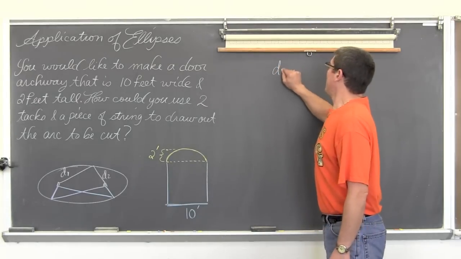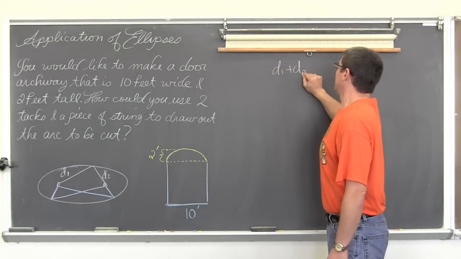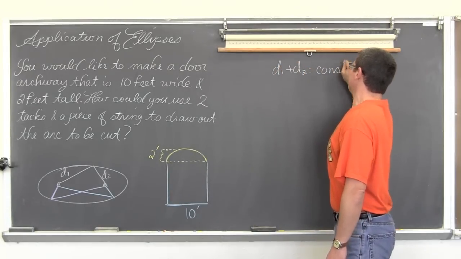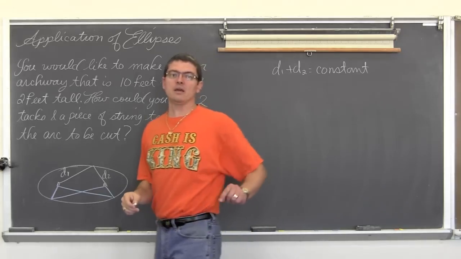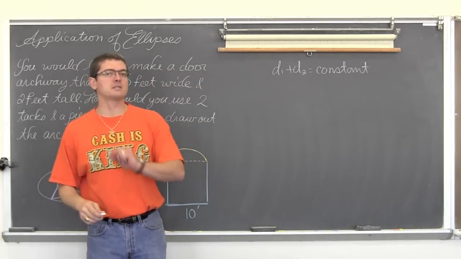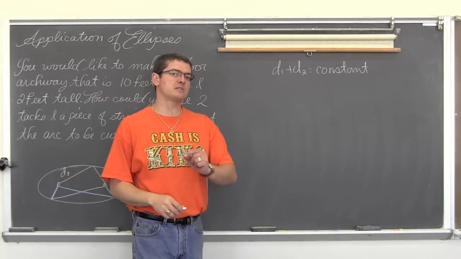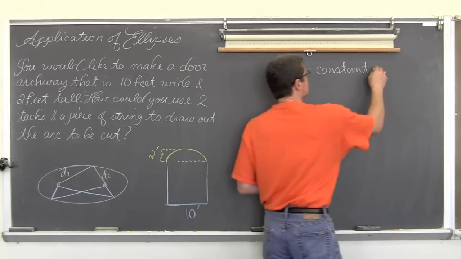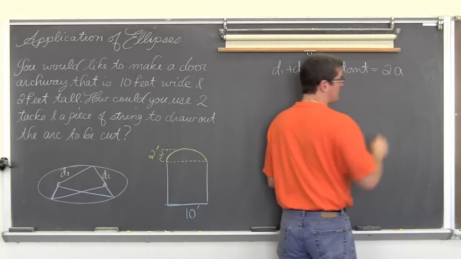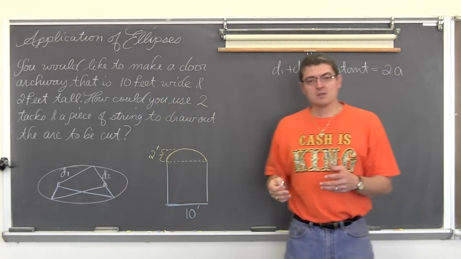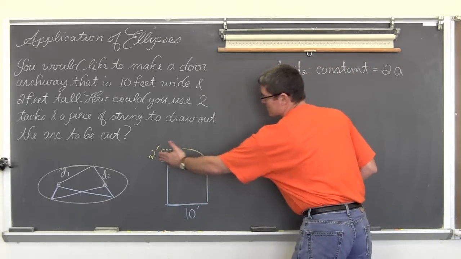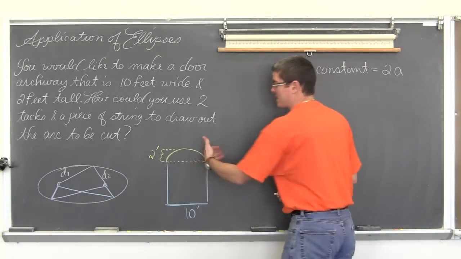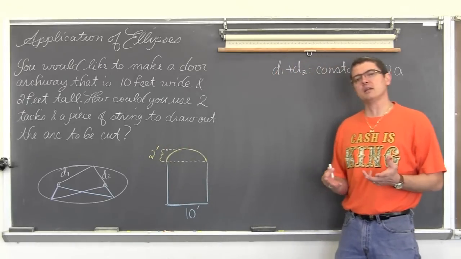So D1 plus D2 is a constant number, and thus a couple of tacks, a string and a pencil will draw you a perfect ellipse every single time if you keep the string tight, and that constant distance is equal to 2a. So this ellipse clearly is wider than it is tall, so we would say that this is a horizontal ellipse.